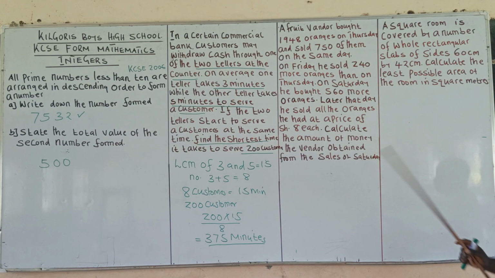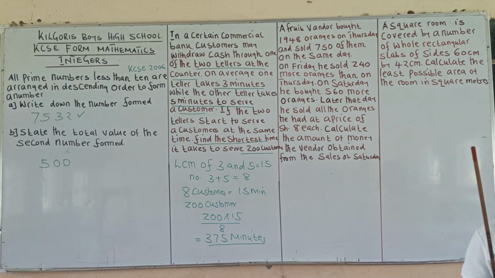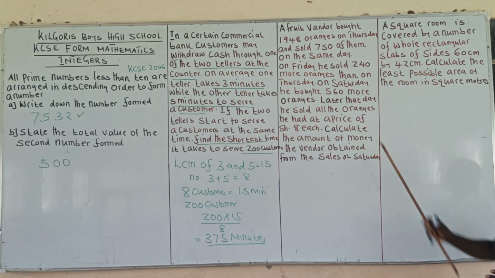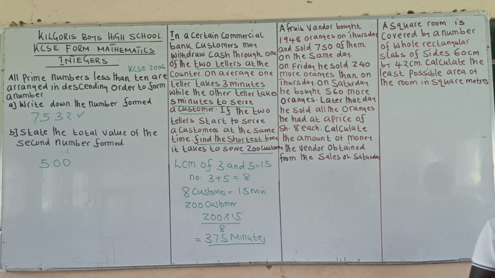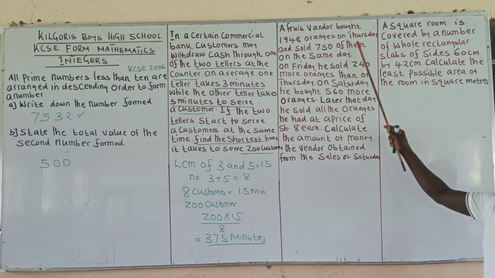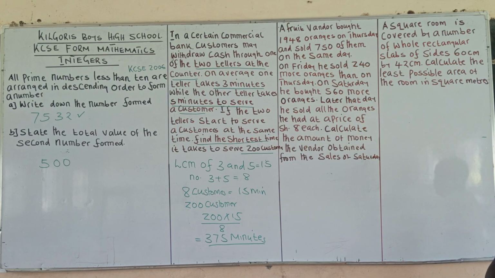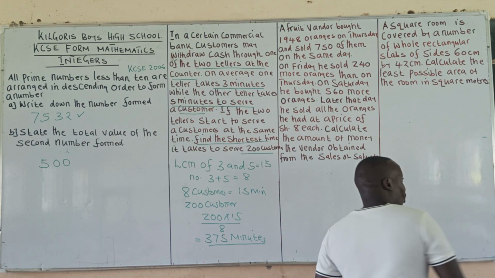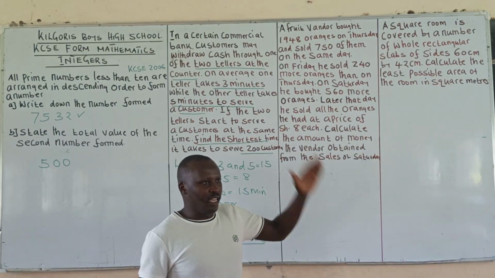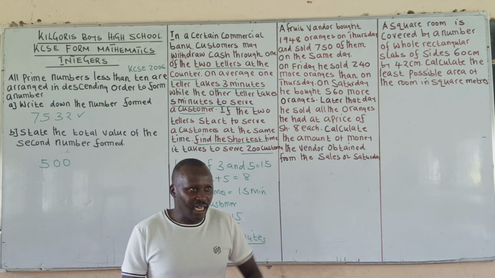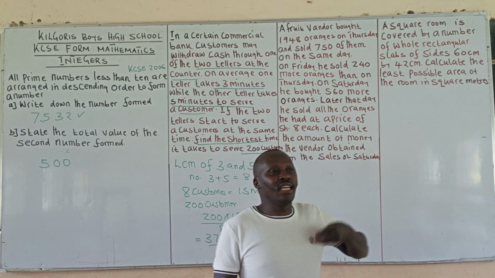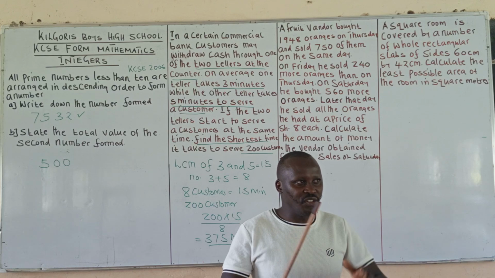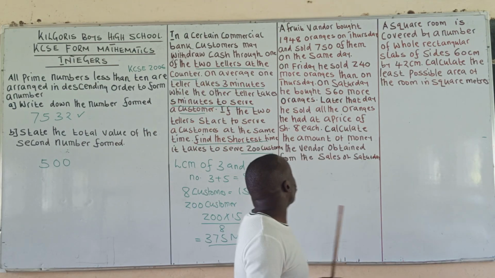So on Thursday, the fruit vendor put 1,000, and then we have 948 oranges on Thursday, and sold 750 of them on the same day. So on that Thursday, he bought 1,948 oranges, and then he sold 750 of them on that day.